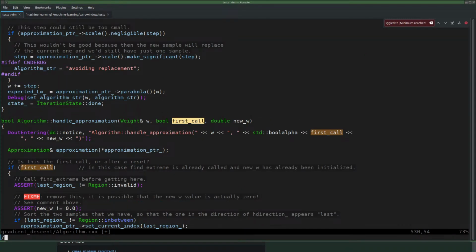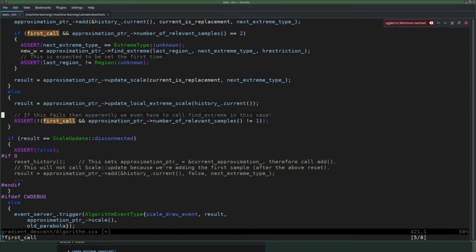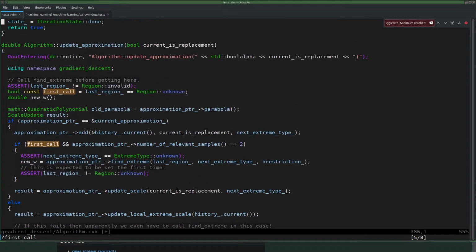And then it is also passed to handle approximation, which is kind of weird because I refused to pass it to the other one. Might as well have passed it here, but I didn't because I could choose it like that.